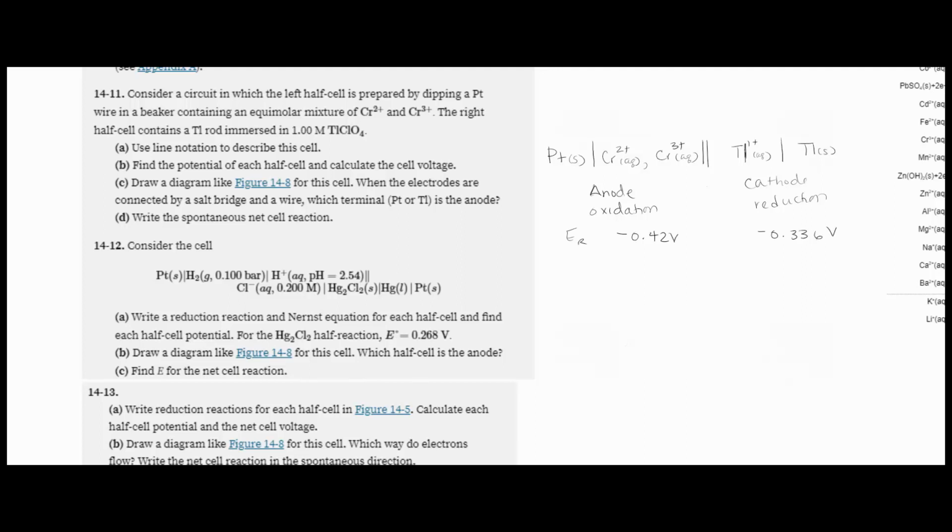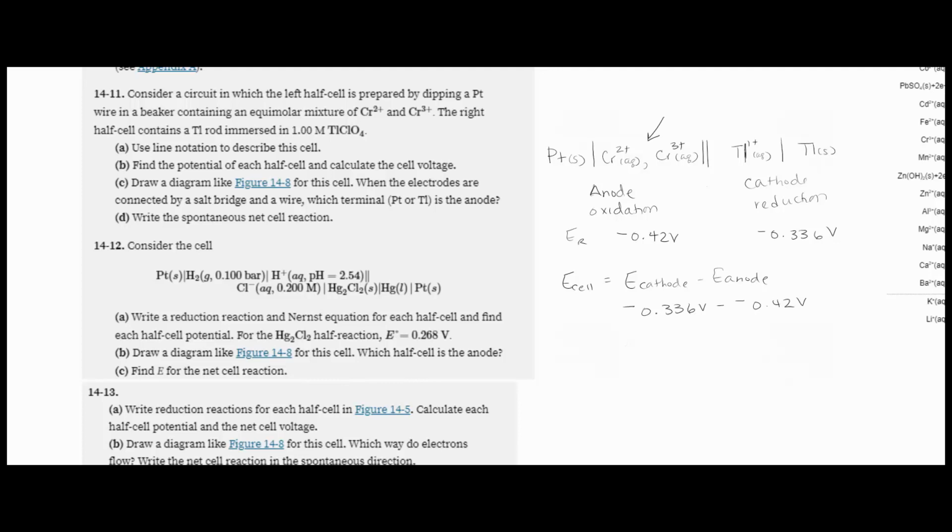So in order to find the potential, so that's each half cell, calculate the cell voltage. Well, the E of the cell is going to be equal to the E of the cathode as a reduction minus E of the anode. So in this case then, we have a negative 0.336 volts minus a negative 0.42 volts. And I didn't have to do anything Nernstian because I am told we have an equal molar mixture here.